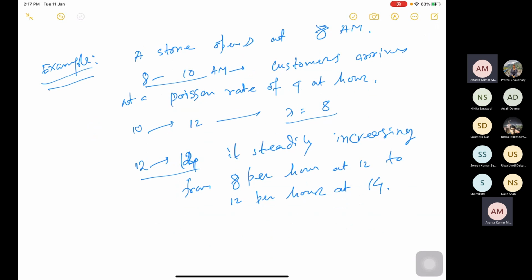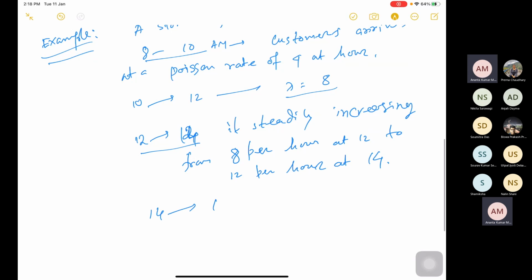That means from 12 to 2 it increases steadily from 8 to 12. At 2 there are 12 per hour, and at 12 it was 8 per hour. And again from 2 to 5, which is 17, it steadily decreases from 12 per hour to 6 per hour. So it was 12 per hour at 2 o'clock, then it steadily decreases to 6 per hour at 5.